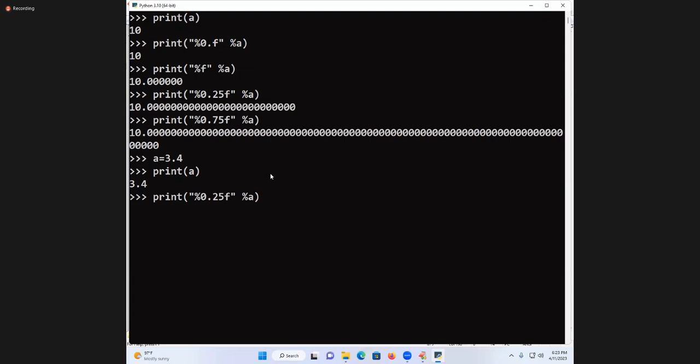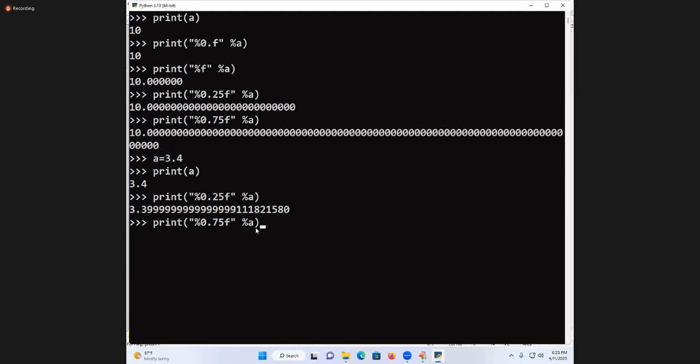If you feel any blur, use that projector, because tomorrow I will get it rectified. So see this now. After the dot, I'm printing 25 decimals. See what is happening. 3.4 is not always 3.4. It is going to contain 3.39999 etc. What does this indicate? Is it certain or uncertain?